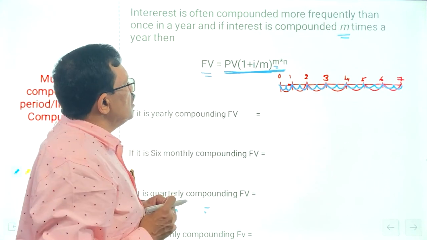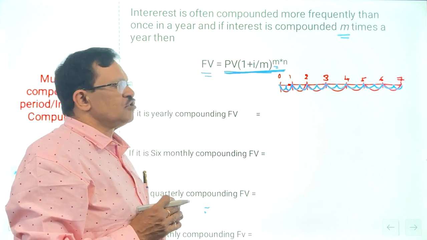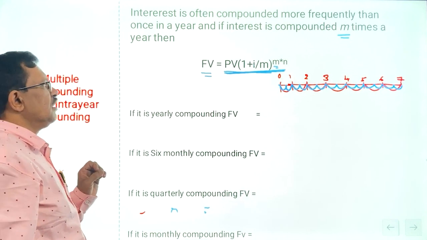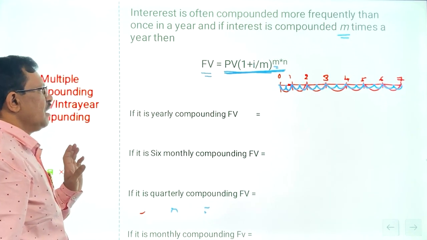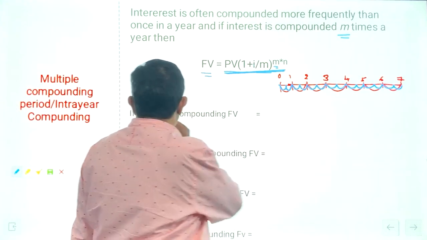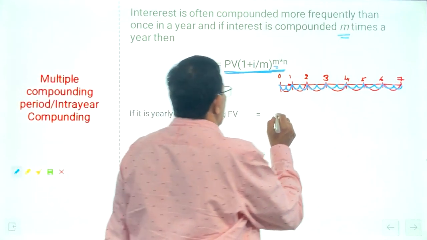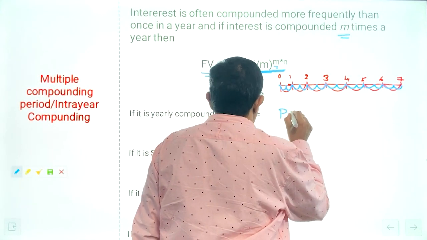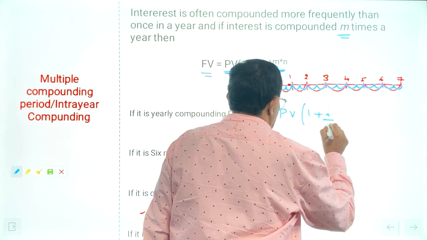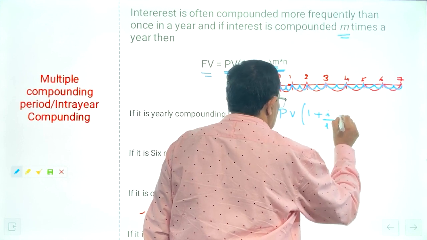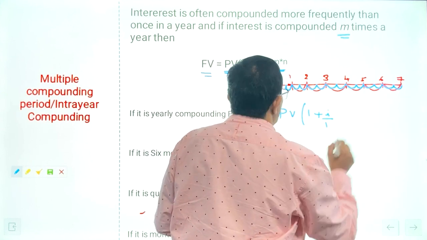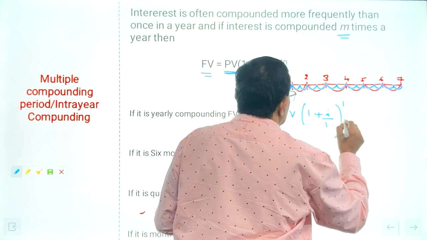So if this is going to be the formula to calculate the future value given m compounding periods, then in the case where the compounding is going to be done once in a year, the formula can be written as the present value into (1 + i/1) to the power of 1 multiplied by n, because m is 1.